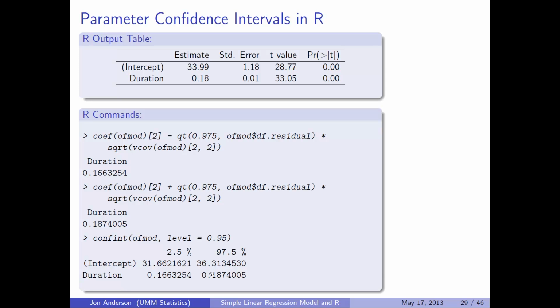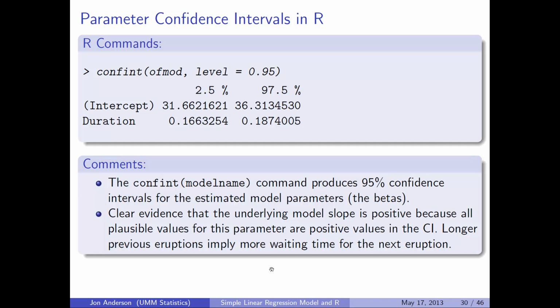And what you can see from this is, let's talk about the slope for example. You can see from this, on the second bullet here on overhead 30, that there's clear evidence that the slope, or the rate of change between duration and interval, is a positive number.